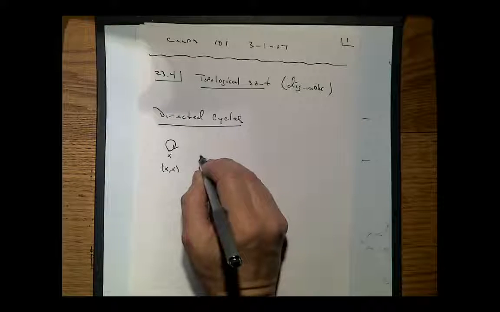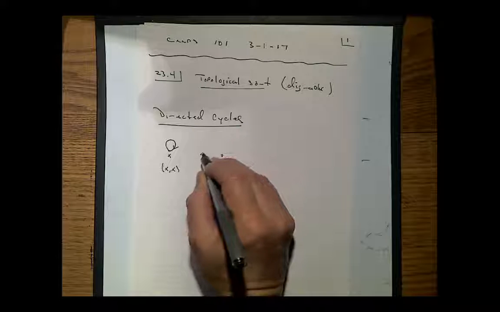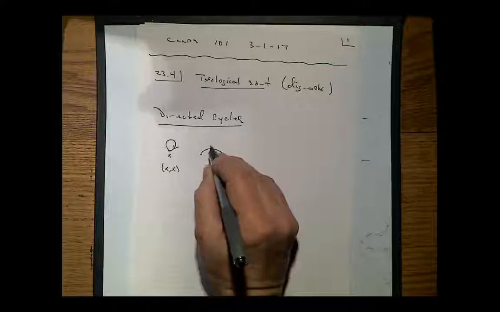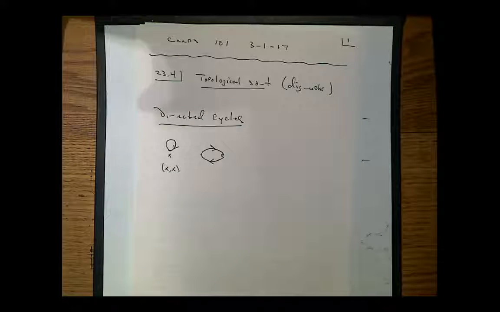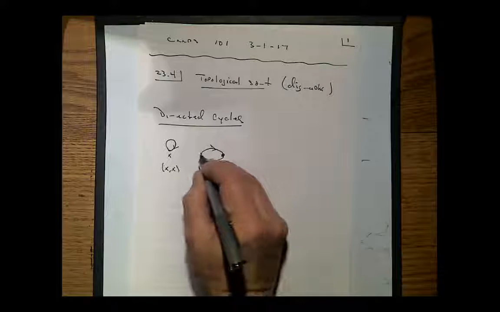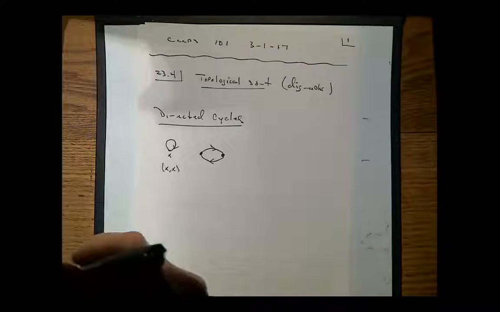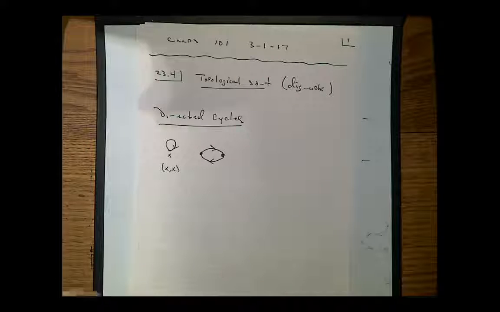Also, we can have a directed cycle of length 2. We can't have parallel undirected edges. By parallel, I mean the same ends. We can't have parallel undirected edges in an undirected graph, but we can have parallel edges that go in different directions in a directed graph.